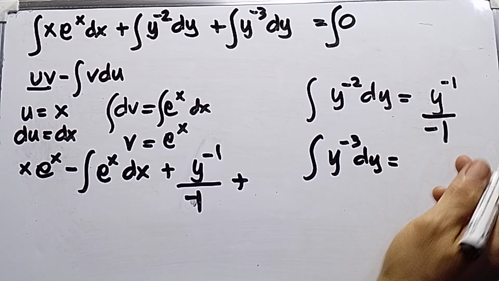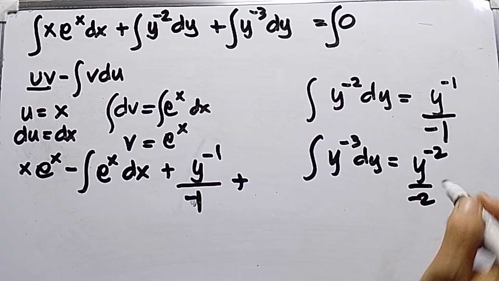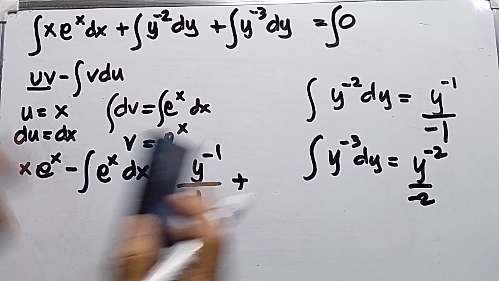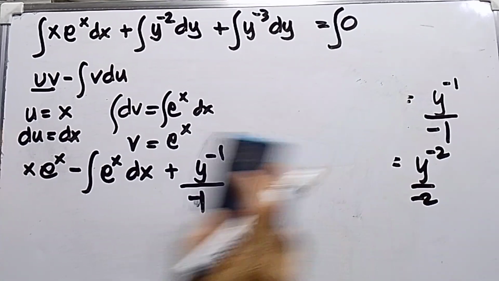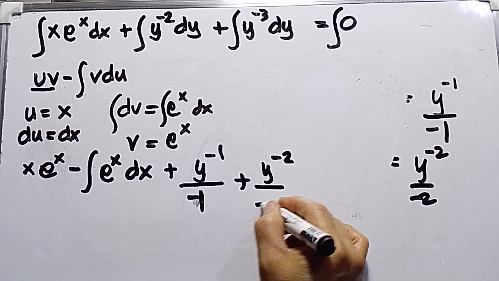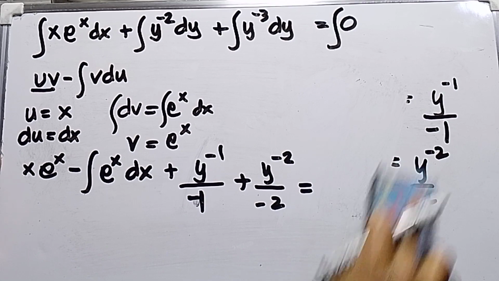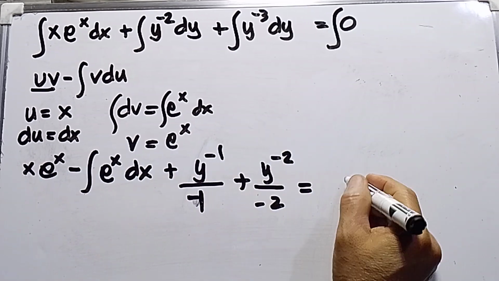So n plus 1, this will be negative 2 over negative 2, so this will be plus y raised to the negative 2 over negative 2. Then the integral of 0 is a constant.